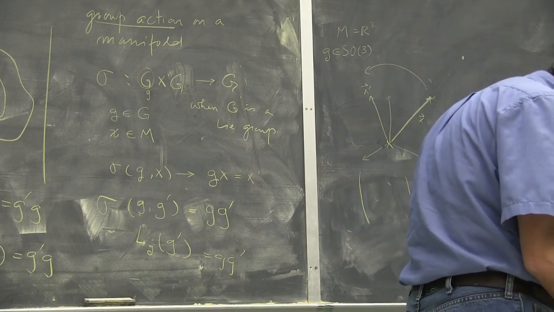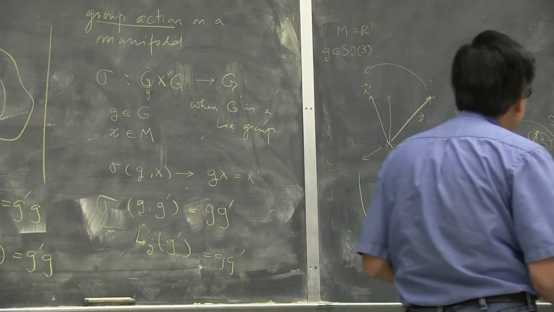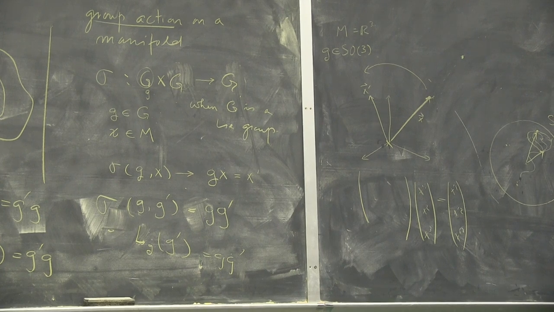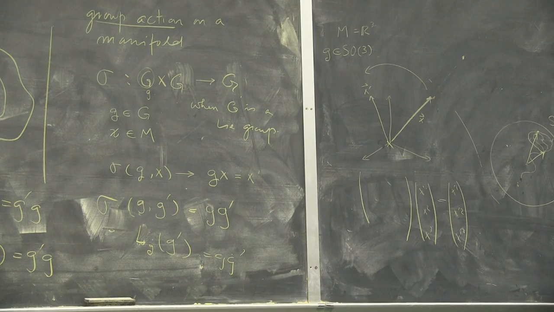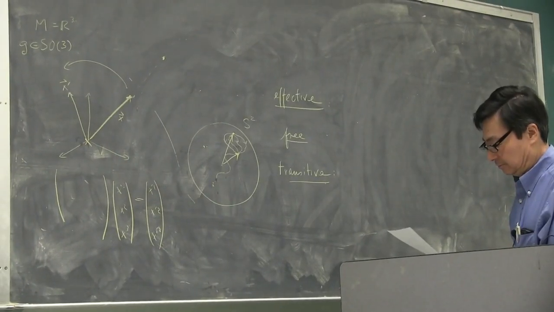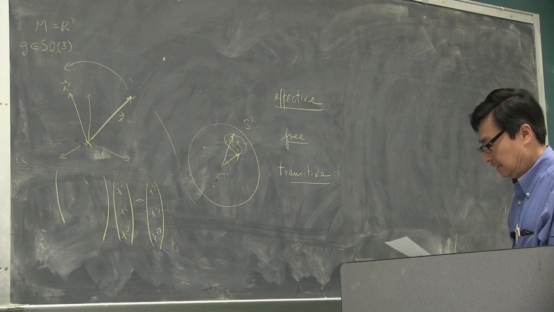Now finally, let me introduce these other two notions classifying group actions. A group action is said to be effective if the only element that produces the trivial action is the identity itself, okay?